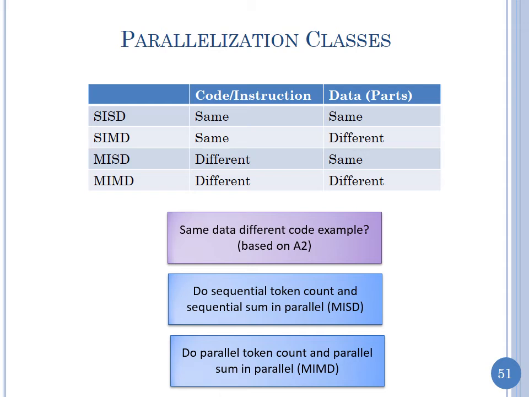Okay? And if I do each of these problems sequentially, then it's same data, different code. Now if I do the sum problem and the token problem on the same list, and the sum problem itself is divided into multiple threads, and the token counting problem is also divided into multiple threads, then I have both combinations. Okay, so do parallel token count and sum in parallel.